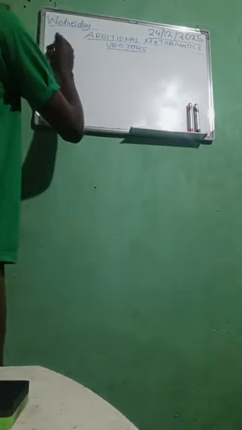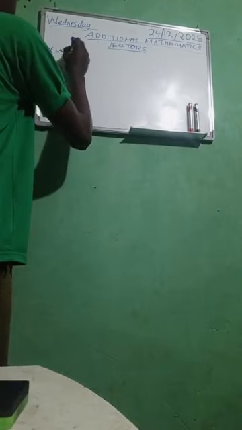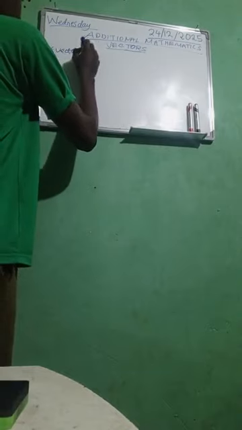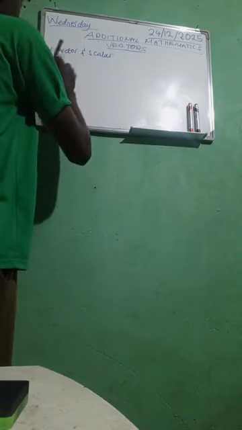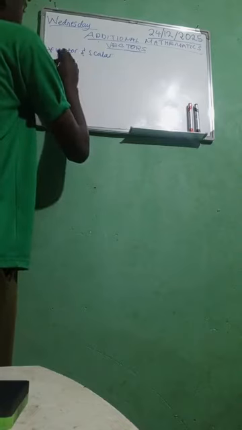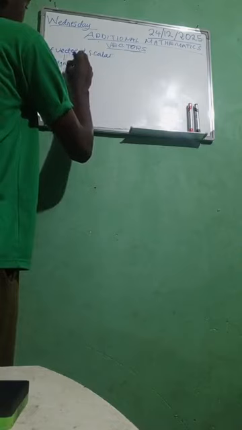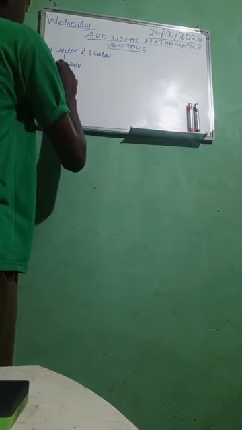So we'll look at a vector and a scalar. A vector has magnitude and direction.